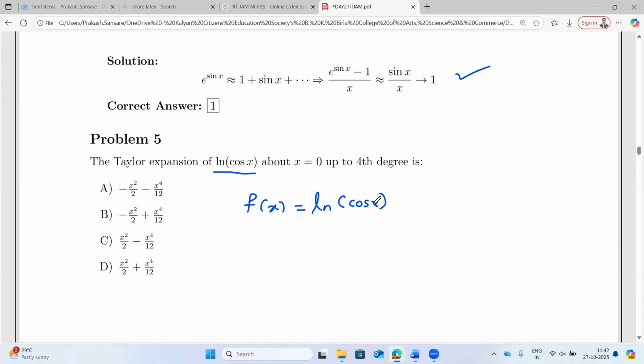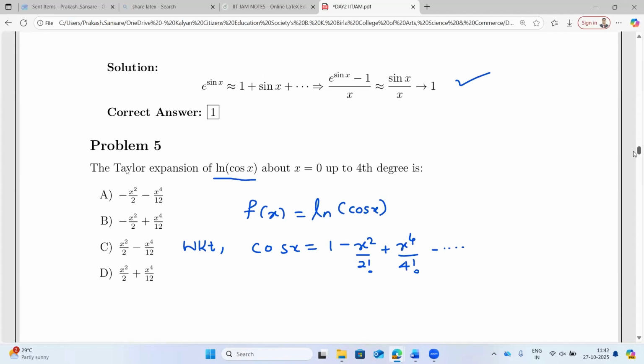We know that cos x is equal to 1 minus x square by 2 factorial plus x raised to 4 by 4 factorial minus, and so on.